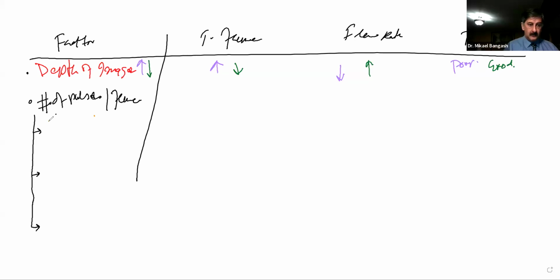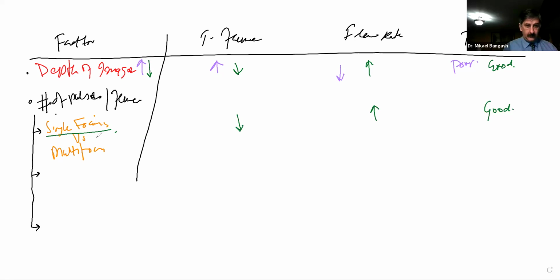We said one was single focus versus multifocus, where we could say that in case of single focus, we had a low G-frame, greater frame rate, and our temporal resolution in that case would be good.